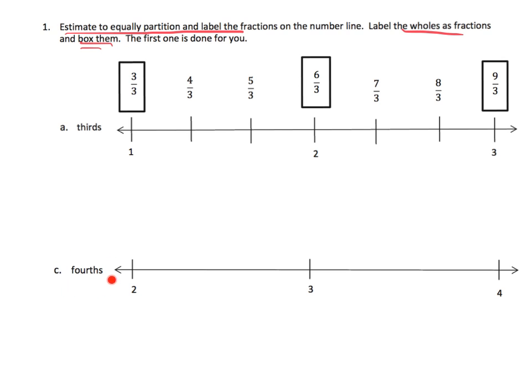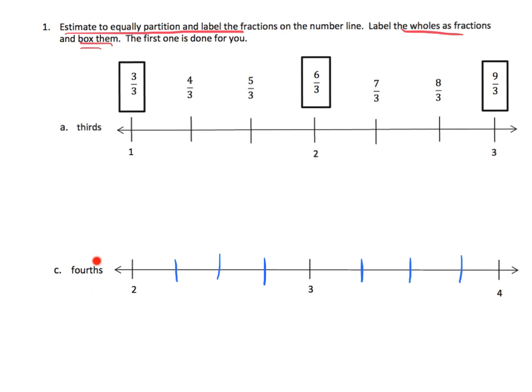So we have fourths. So that means the interval from 2 to 3 is going to be cut into 4 equal-sized pieces. And the interval from 3 to 4 is also going to be cut into 4 equal-sized pieces. And then we need to label our fractions.